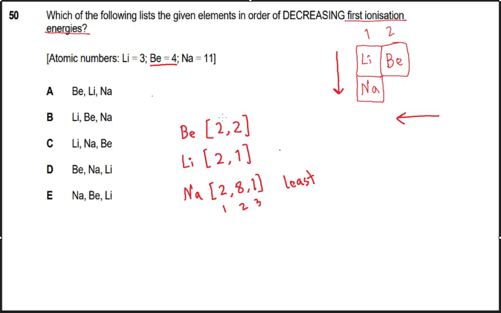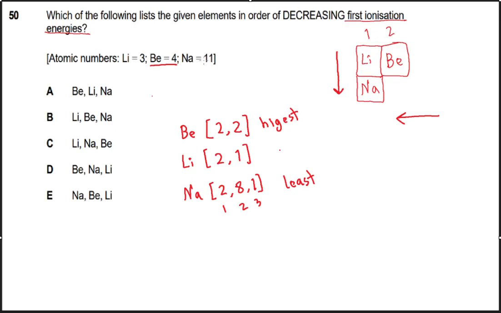So although lithium has fewer electrons than beryllium, beryllium has more protons, meaning it has stronger nuclear attraction, so a smaller atomic radius. That's the reason why beryllium has the highest first ionization energy, because it requires more energy to remove 1 mole of valence electrons from the outermost shell due to the stronger nuclear attraction from having more protons.